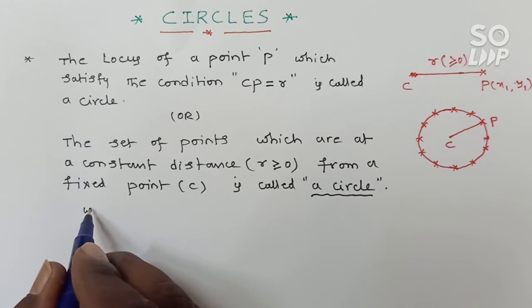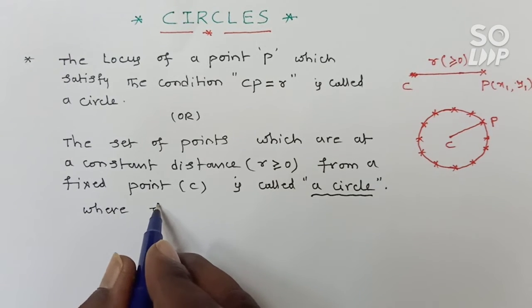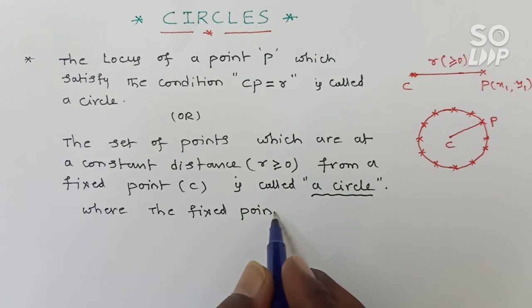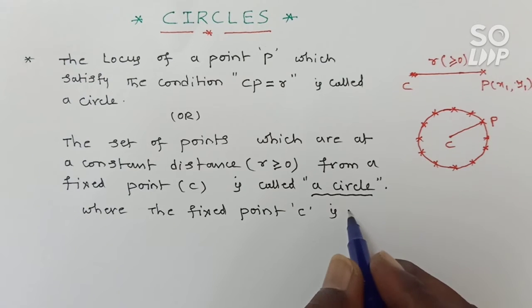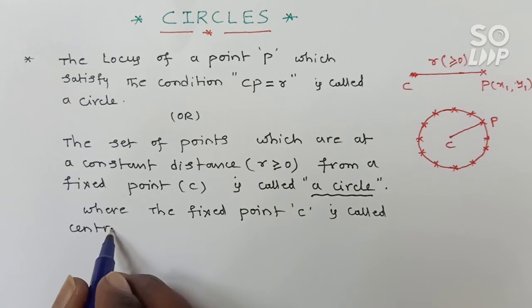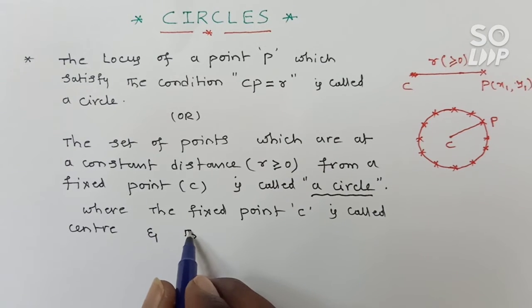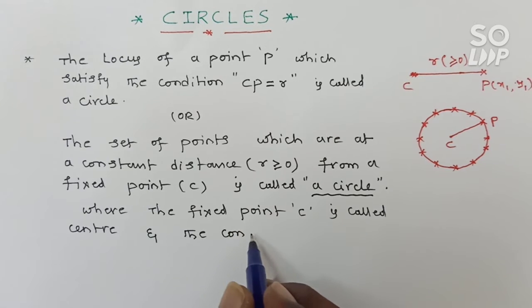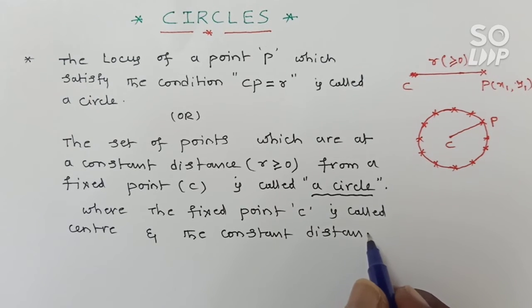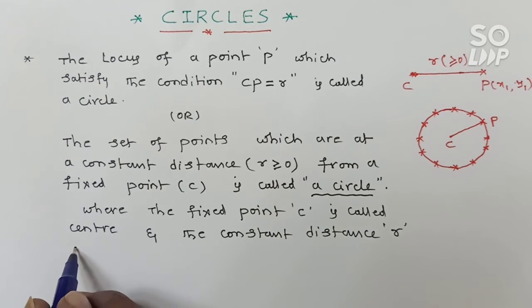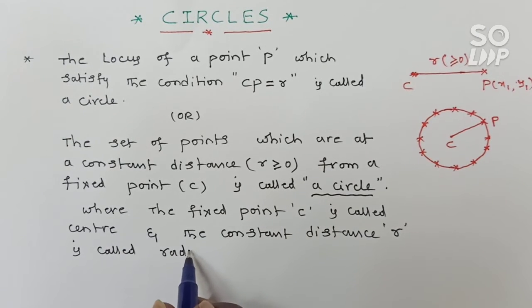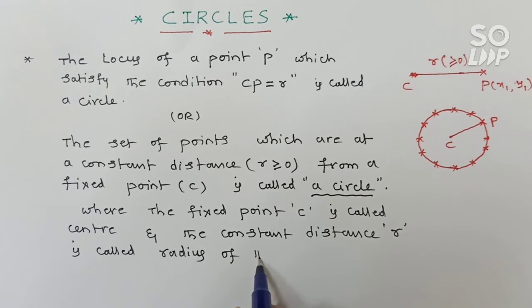Where the fixed point C is called the center, and the constant distance r is called the radius of the circle.